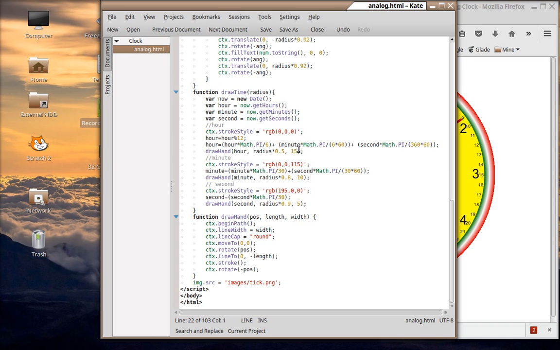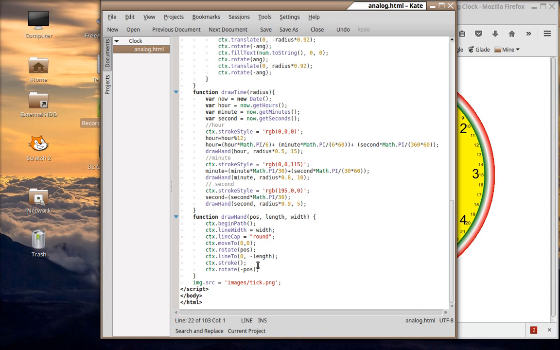Okay, so that's the widest, narrow and even narrower, and if you have a look here, those are the values: position, length and width. It comes down here, sets the line width, rounds the edges, moves to the 0 spot, does its little rotating position that you need, and then it puts the line in, and it just keeps doing that over and over again.